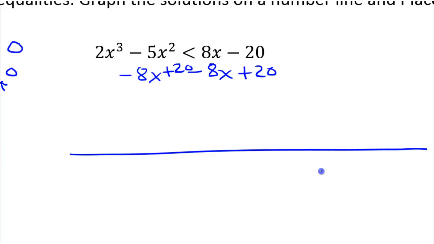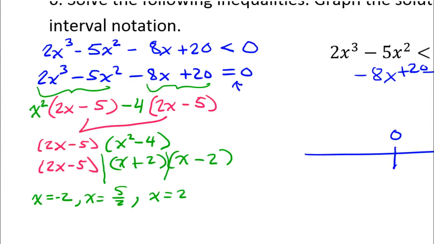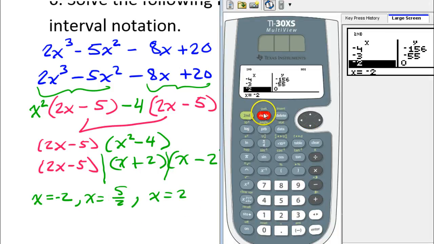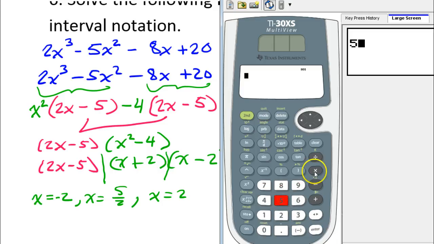Anyways, here we go. So we have 3 values, 1, 2, 3. Open circle, open circle, open circle. All right, 5 over 2 as a decimal would be 2.5 because we're thinking 5 divided by 2, yeah?